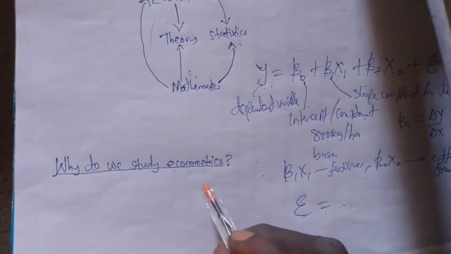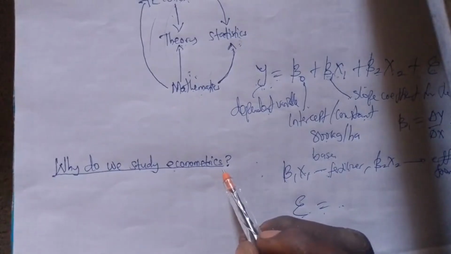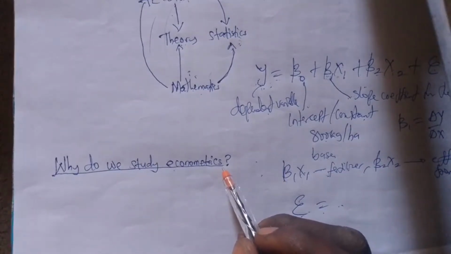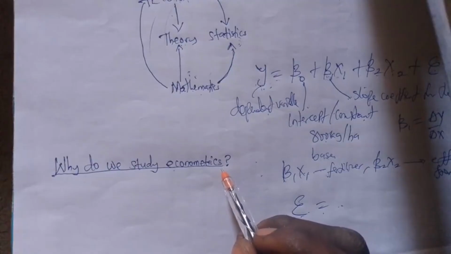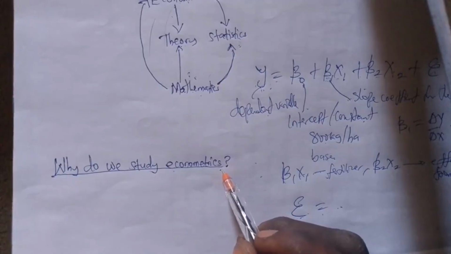How? For example, the government wants to know whether subsidizing irrigation pumps will really help increase rice production by 20% or by 5% only. That is what econometrics is all about. Econometrics gives the exact answer.